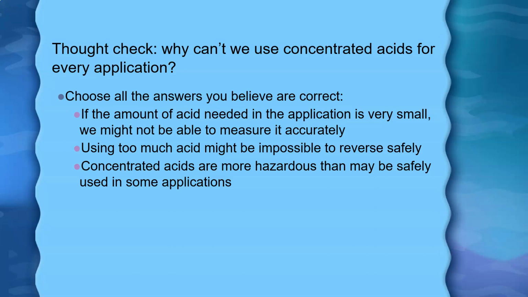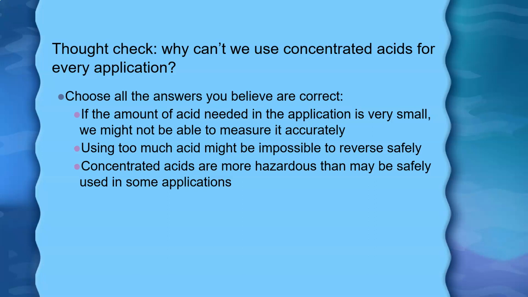Using too much acid might be impossible to reverse safely, or if I use too much acid, it might cause an unexpected effect. Concentrated acids are pretty hazardous. That might not be something that I want out for a lot of applications.